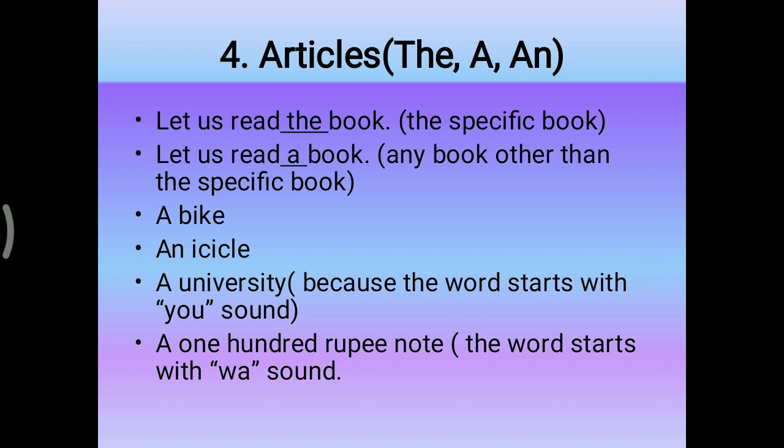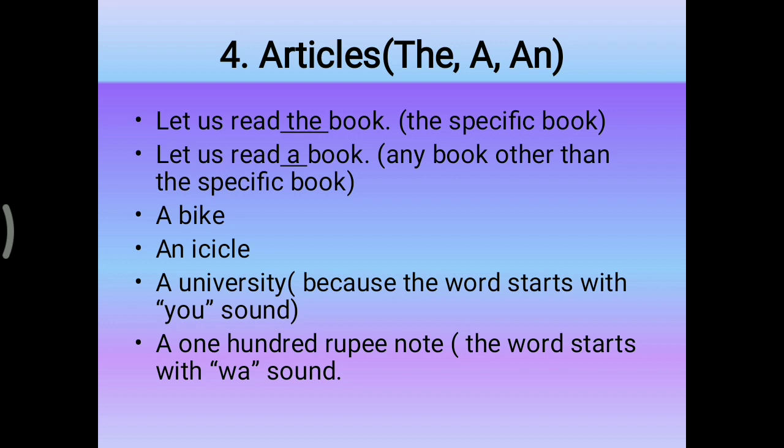Next instance would be a bike. So 'a' is used before common nouns. An icicle. So icicle starts with a vowel letter, so 'an' is used here. A university. Now here is an exception because the word starts with a 'yoo' sound.